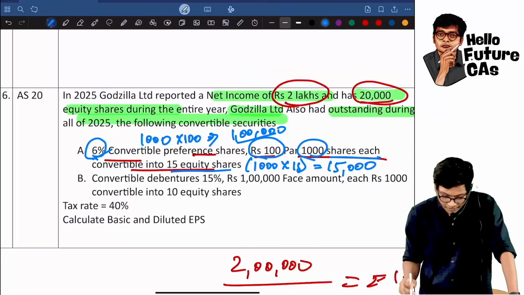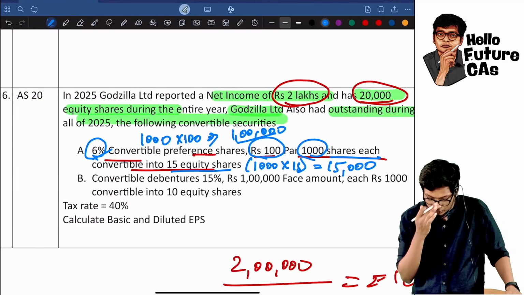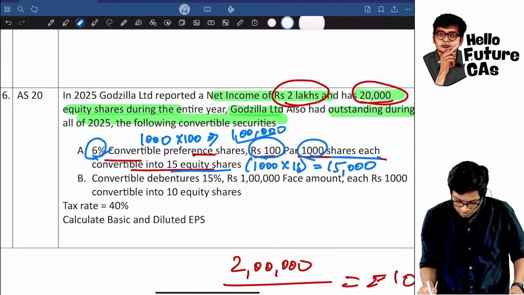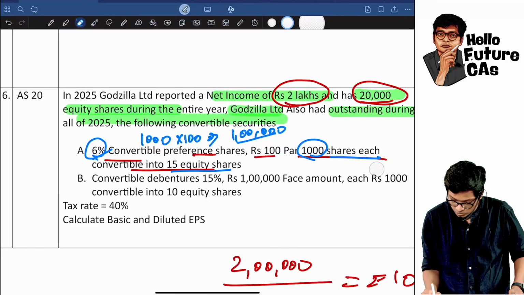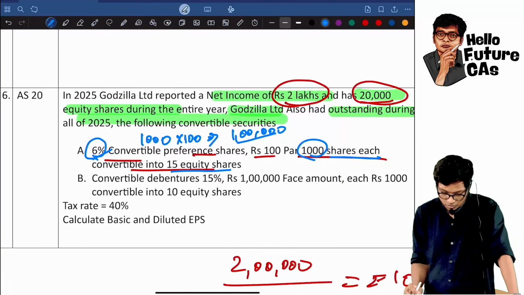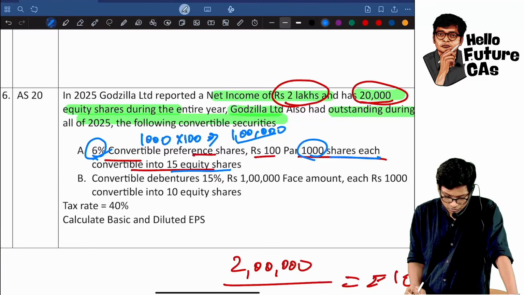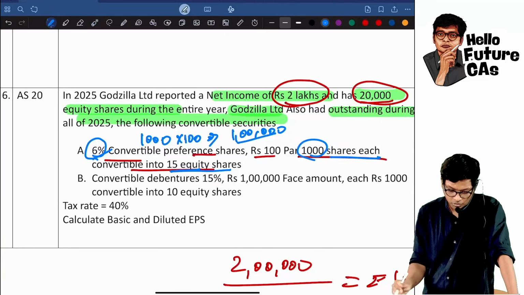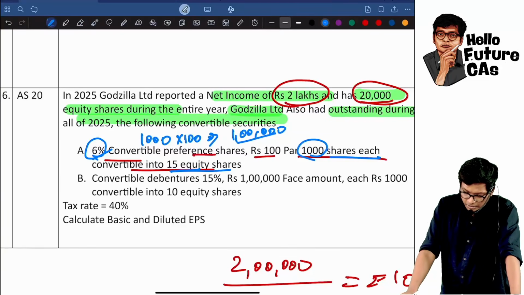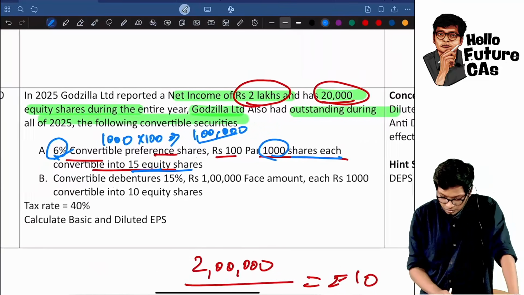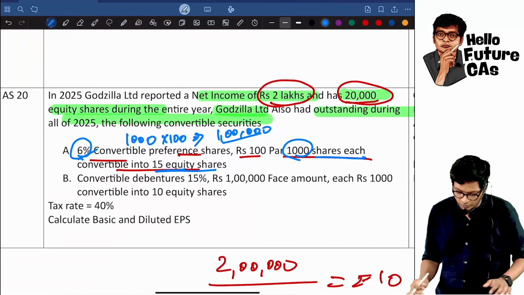I think denominator is not 15,000. Okay, 1 lakh shares are converted into 15 equity shares. Okay, I'll just check this solution once.